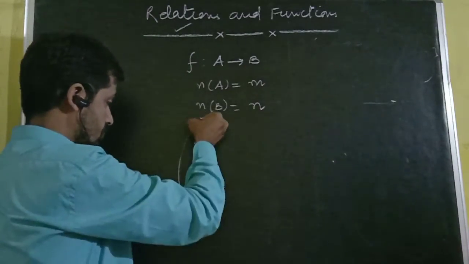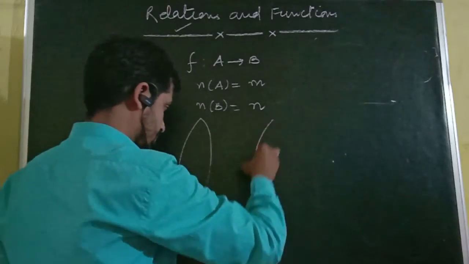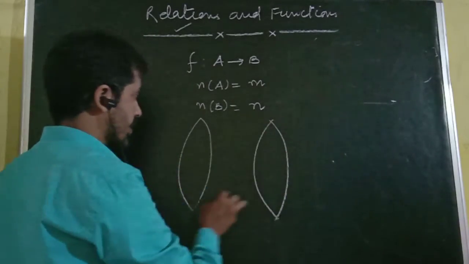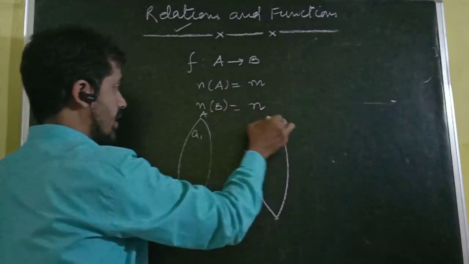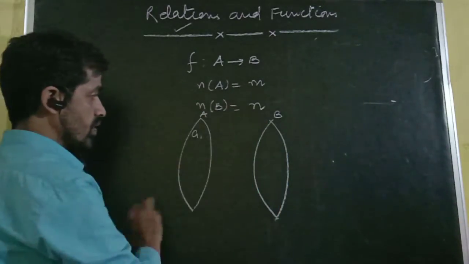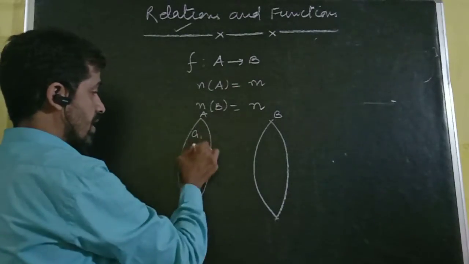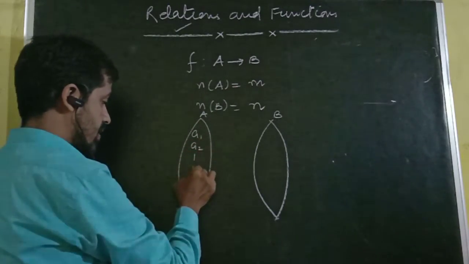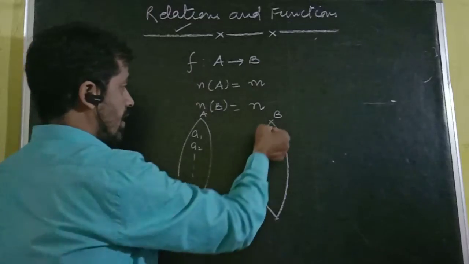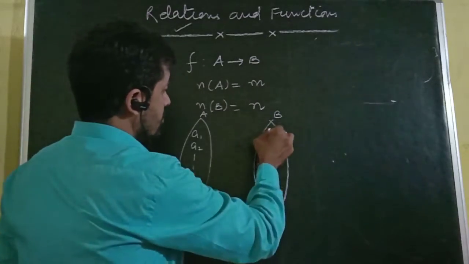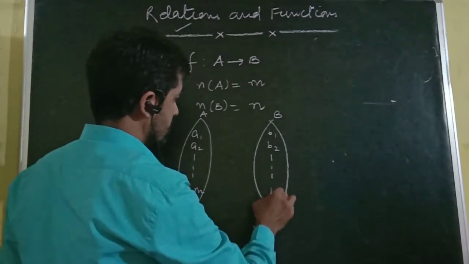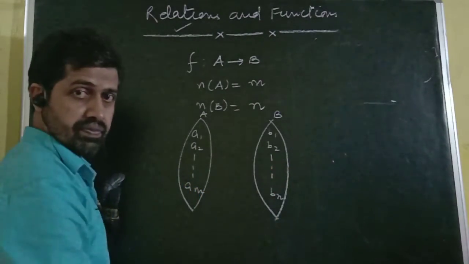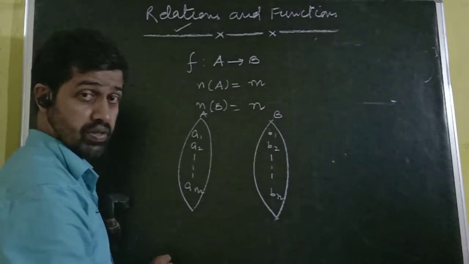Now, to understand the concept, I draw arrow diagram. Number of elements are m in domain set A, this is B, codomain is B. Number of elements are n. a1, a2, dash, dash, am, and then b1, b2, dash, dash, dash, bn. Now, number of functions we are talking about.